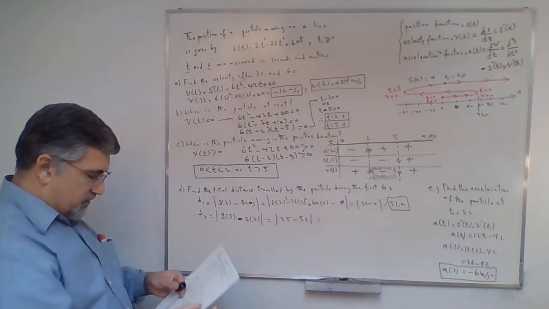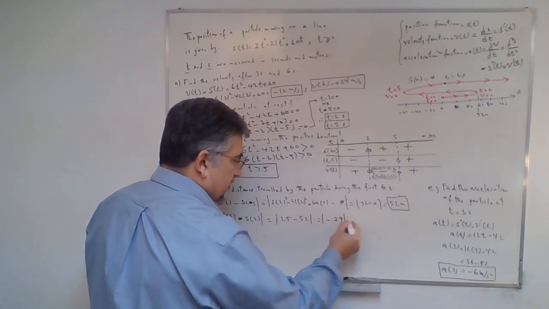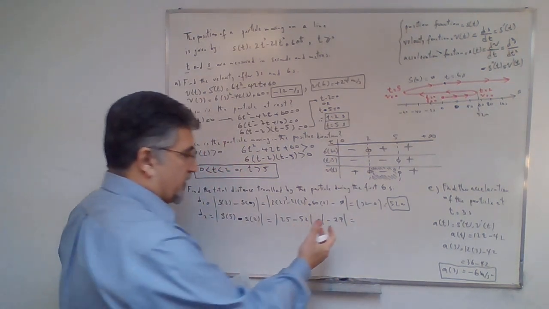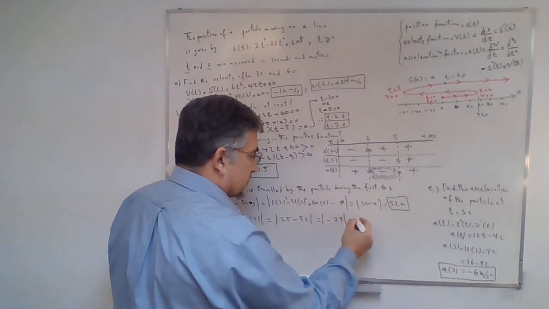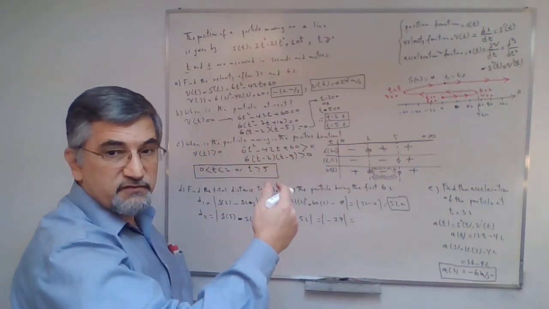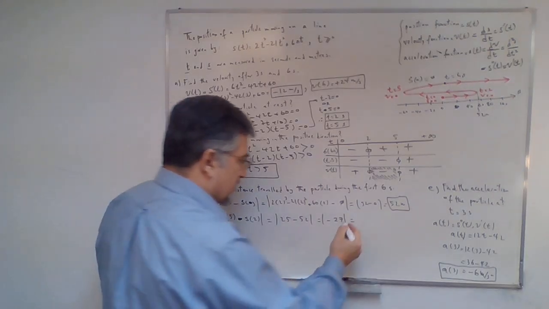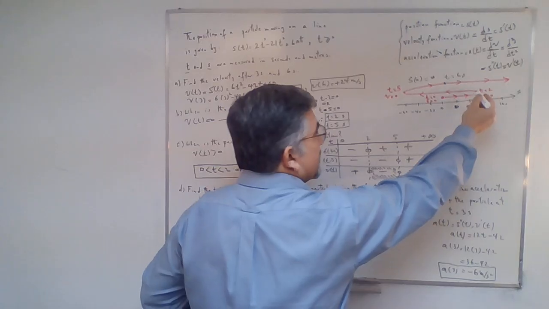And this gives you a negative answer, actually. It gives you negative 27, all right? But we don't believe that distance is negative. So the distance traveled is positive. We have to take the absolute value. It is true that it was moving in the opposite direction to the left, but it doesn't mean that the distance traveled was negative. So that becomes 27 meters. So that's from here to here.